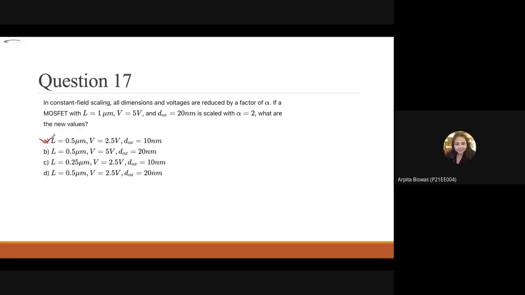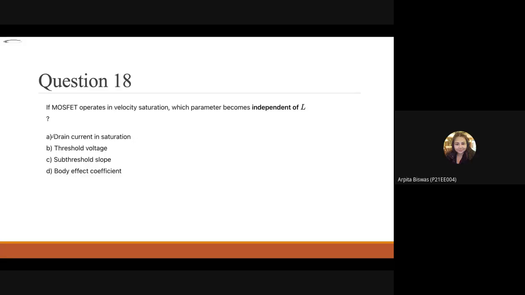Yes. Okay. So next, move toward question number 18. If MOSFET operates in velocity saturation, which parameter becomes independent of L? Drain current in saturation, threshold voltage, subthreshold slope, or body effect coefficient?